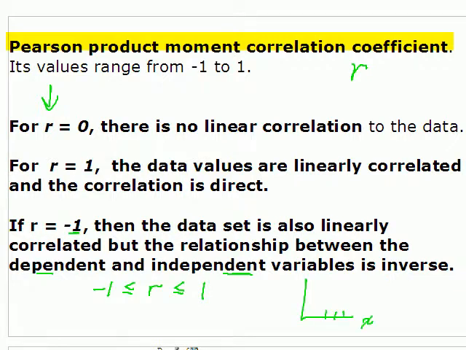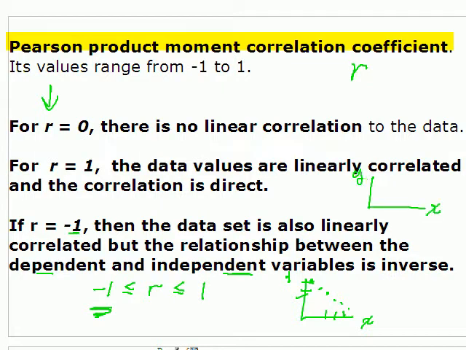Here's x, and it's increasing in value. Here's a y. Your data points might start up here and go down. Right? If these lie very close to a line, or they lie on a straight line and it's descending, the correlation is -1. +1 is the same, except that as the x values increase, the y values also increase.